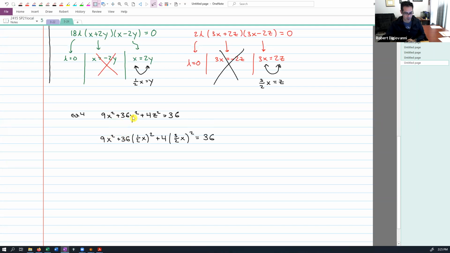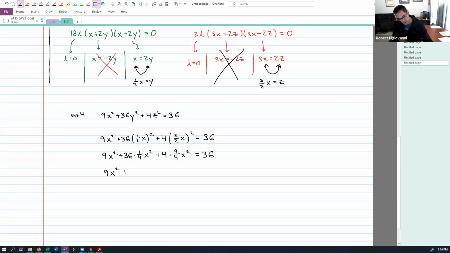So 9x squared, I replace the y with 1/2 x, I replace the z with 3/2 x. And look, now we have an equation with just x in it. Let's go ahead and square those. 9x squared plus 36 times, if I square that, I get 1/4 x squared, plus 4 times, if I square that, I get 9/4 x squared, equals 36.